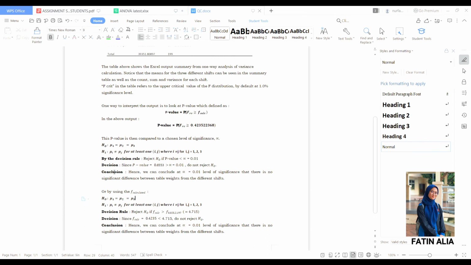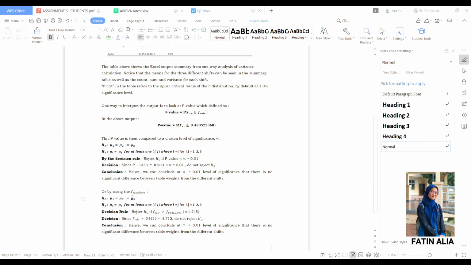So the decision is, since p-value 0.6553 is greater than alpha, which is 0.01, do not reject H naught. The conclusion is, hence we can conclude that at alpha 0.01 level of significance there is no significant difference between tablet weights from the different shifts.